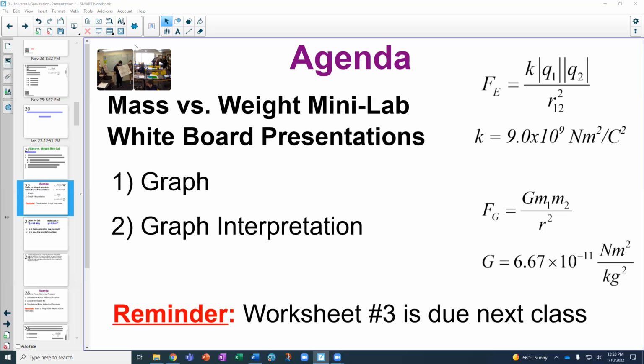Our graph is a linear graph, and we got an equation of weight equals 9.83 newtons per kilogram times mass plus 0.03 newtons, and our area under the curve is in units of newtons per kilogram.